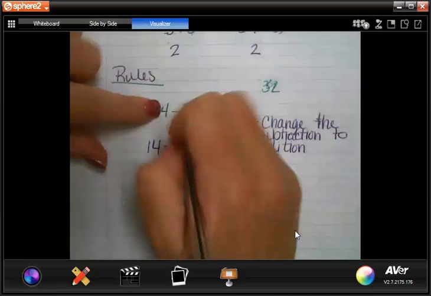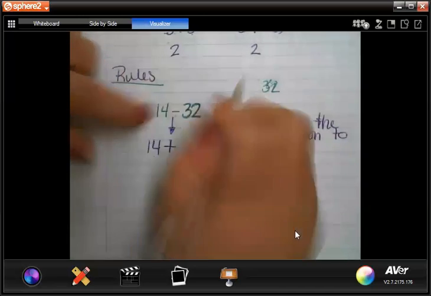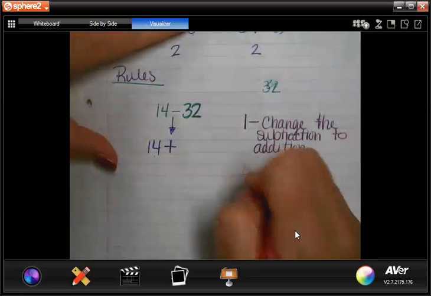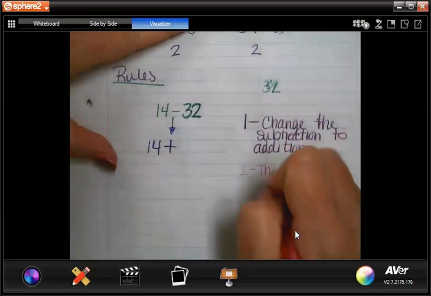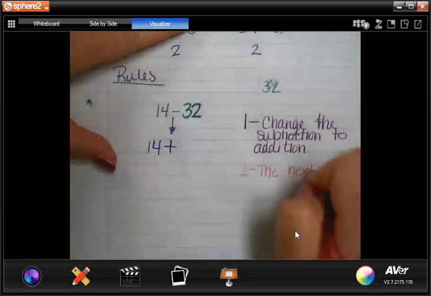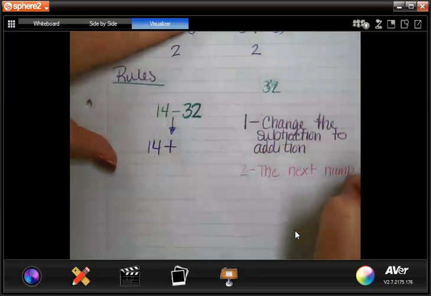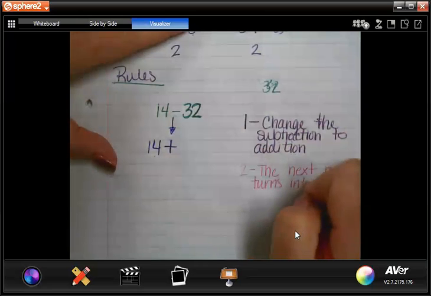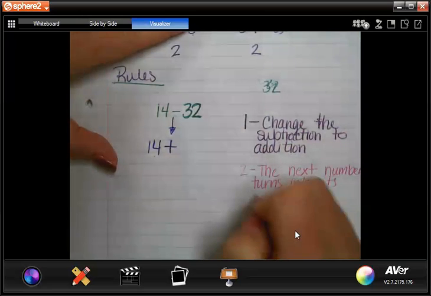Now, there's a consequence. You can't just be going around changing subtraction to addition without a consequence. The consequence is that the next number turns into its opposite.